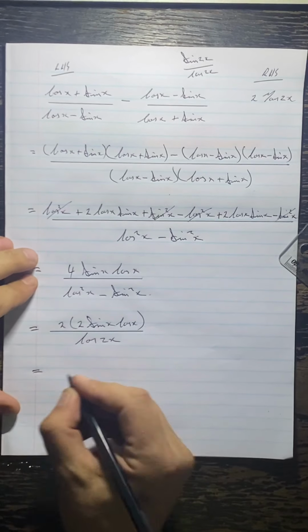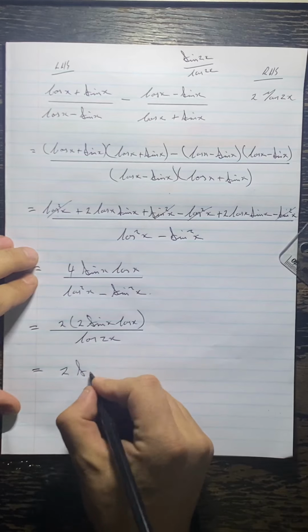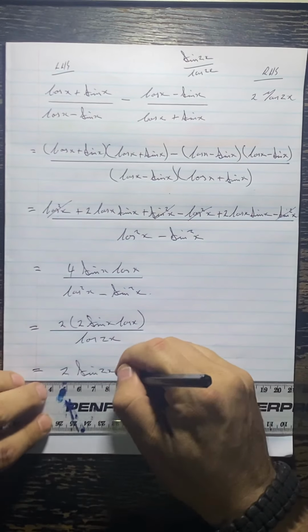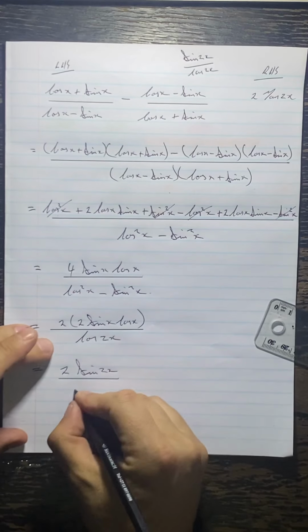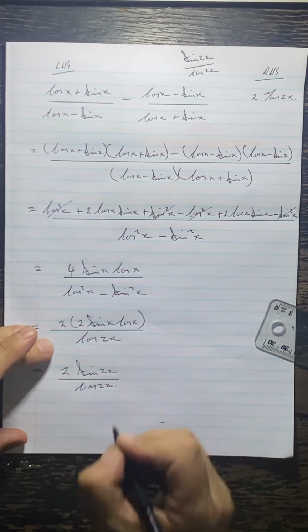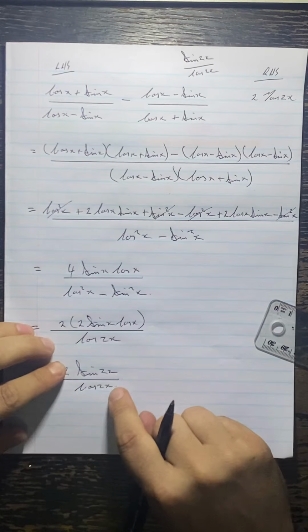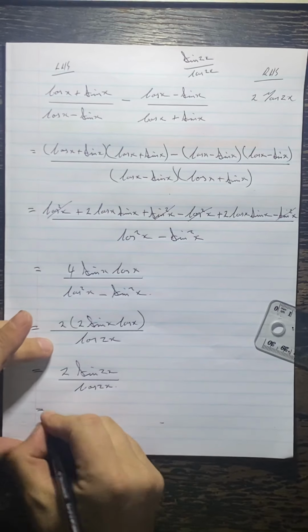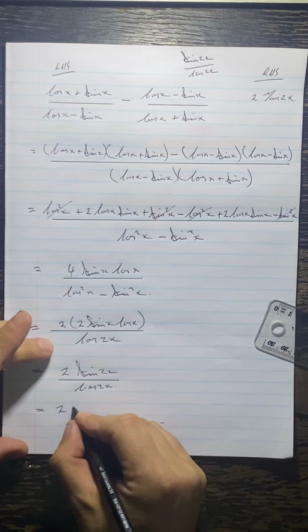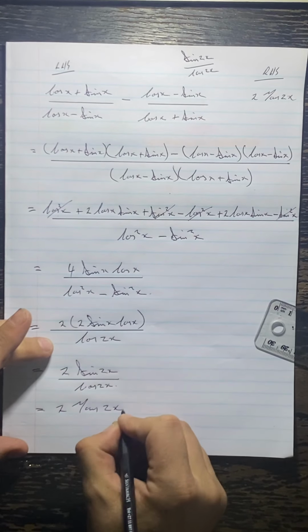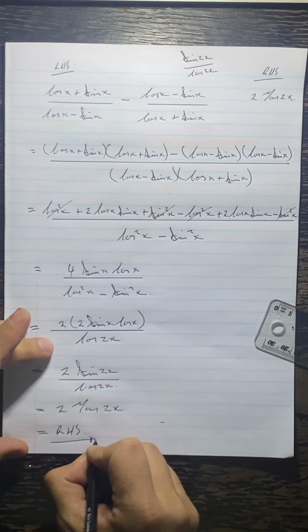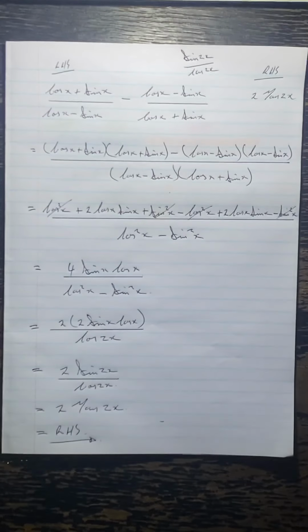So what we get here is 2 sine 2x over cos 2x. Now, sine 2x over cos 2x is our tan 2x. So this is equal to 2 tan 2x, which is equal to our right-hand side, and we have proved it. All right, thanks, guys.